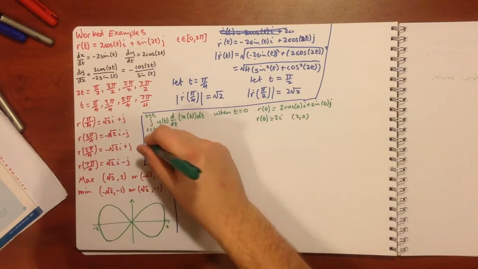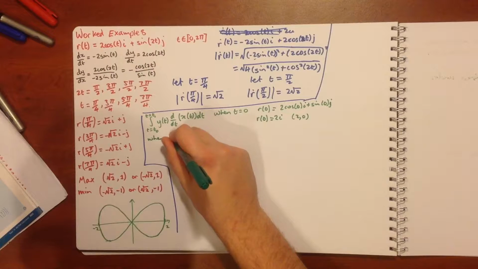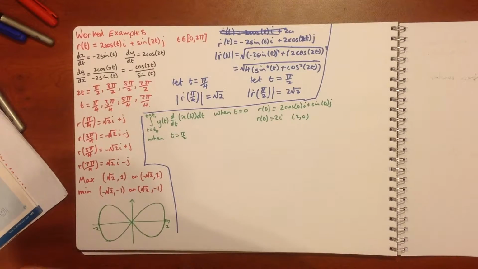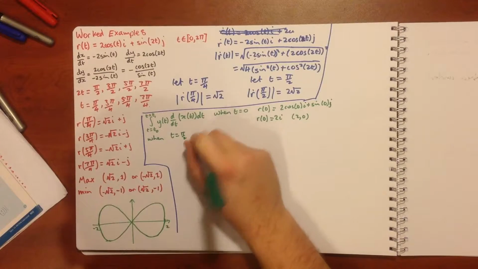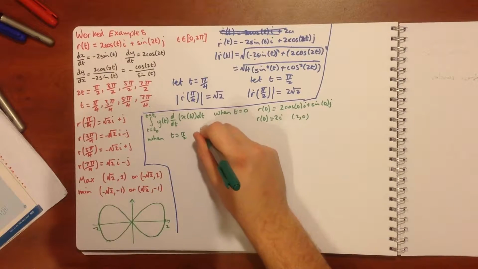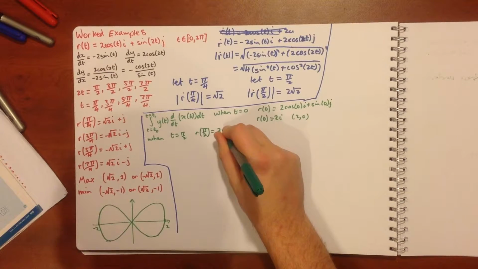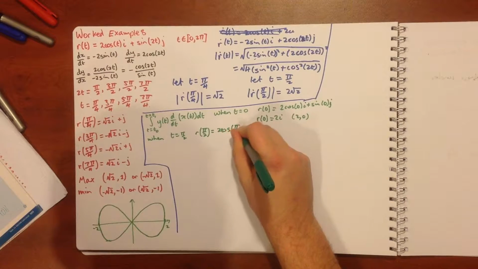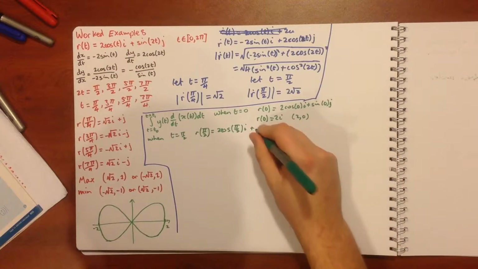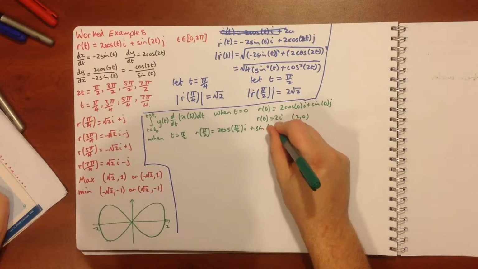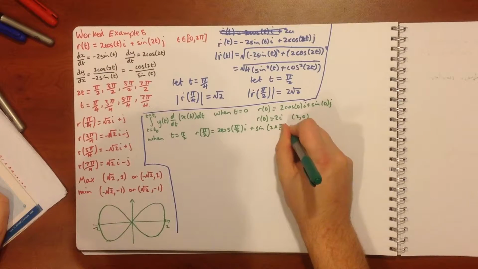When t equals pi on 2, what we get is r of pi on 2 equals 2 cos of pi on 2 i plus sine of 2 times pi on 2 j.